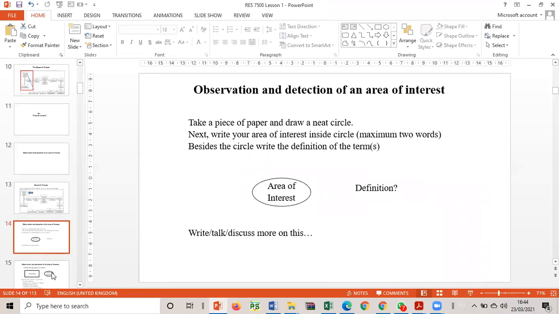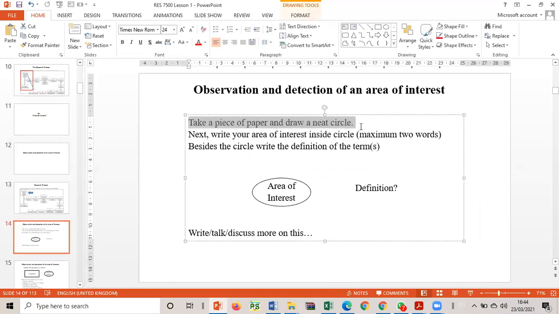Now, I always ask my students, take a piece of paper, draw a circle. Do you have paper and pencil with you? Yes. Okay, take the paper, pencil, draw a circle like this.